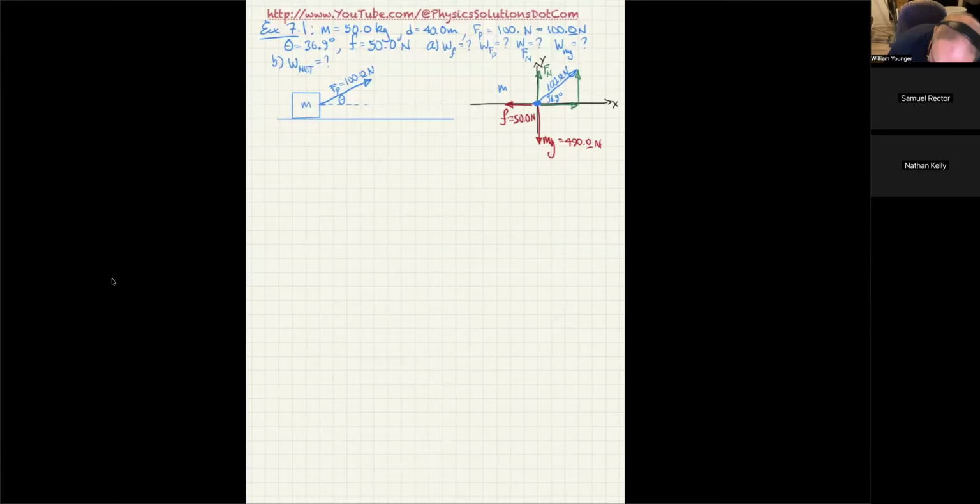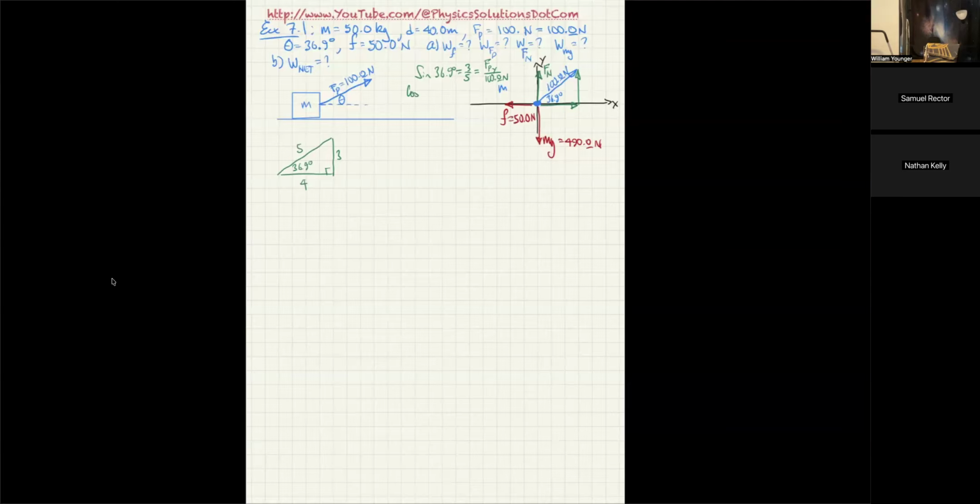From this, we know that the sine of 36.9 degrees is equal to opposite over hypotenuse, but we also know from the 3, 4, 5 triangle, if this is 3, this is 4, then this is 5, and this is 36.9 degrees, then the sine of 36.9 is opposite over hypotenuse, which is 3/5, which is 0.6, but that's also equal to FP sub y over 100.0 newtons.